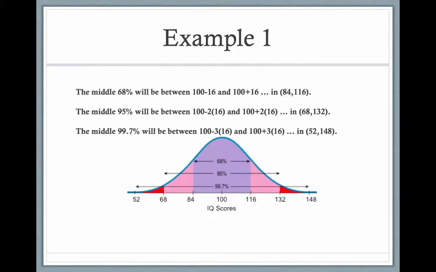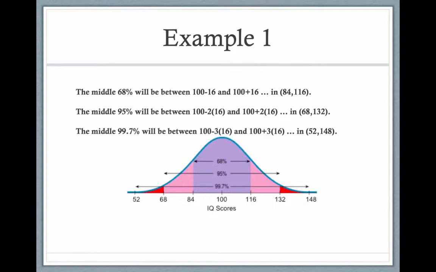So here is what our picture will look like. We've got our IQ scores centered at 100, and we go out to 84 and 116, and that's going to have 68% of the area. What that means is the middle 68% of scores will be between 84 and 116. Area and proportion or percent are identical in this type of curve.